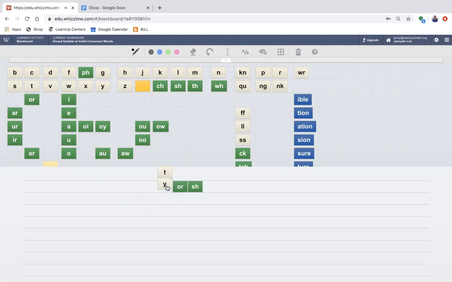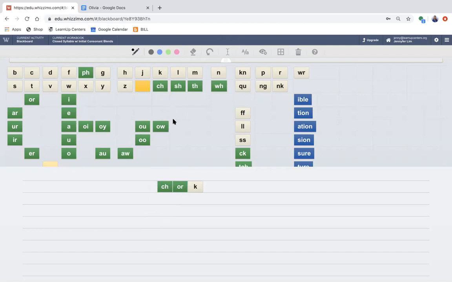And what does this say? Yorsh. Good job. What about York? You take out the SH and put in a K. Okay, good job. Next word I want is chork. You take out the Y and put in a CH. And what does it say?